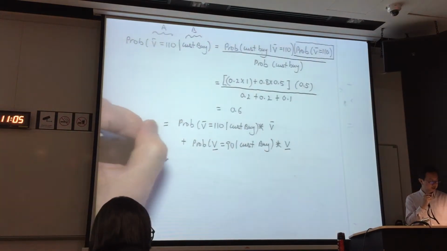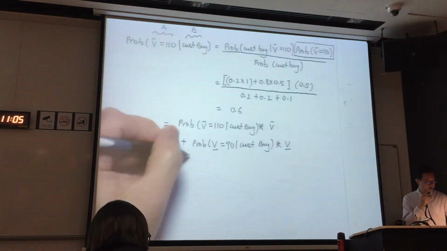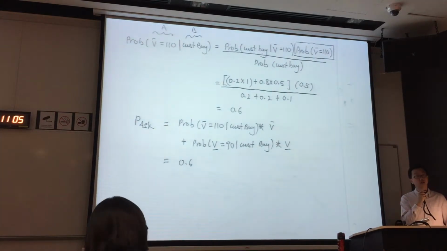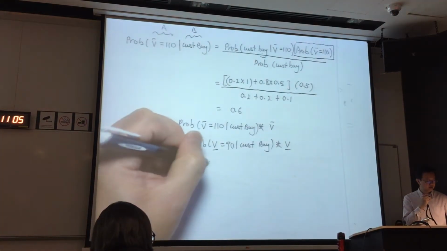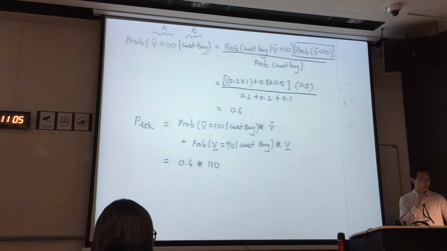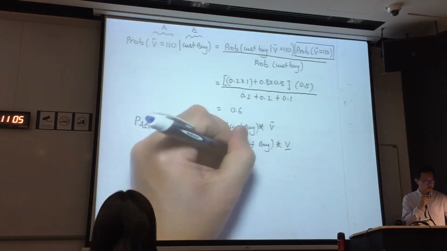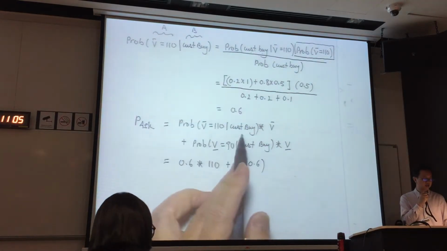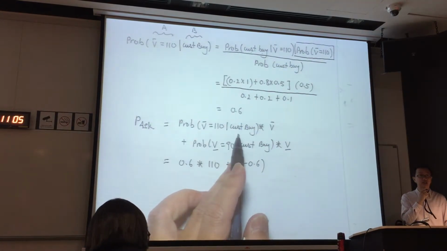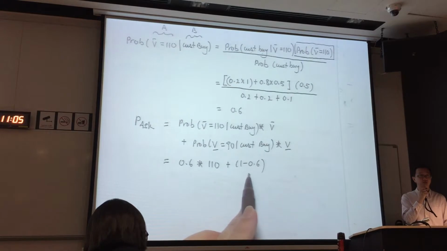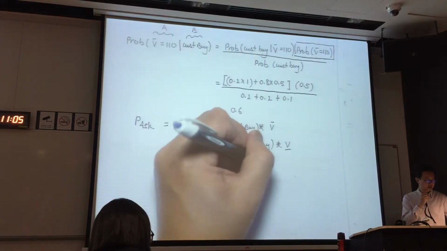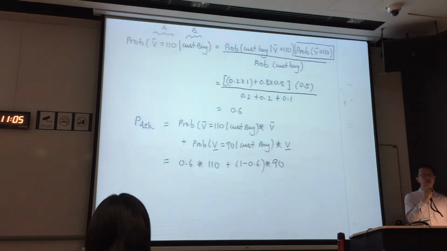So the probability that we work out is 0.6, the value is 110. And this probability is easy, this is just 1 minus the probability that value is 110, conditional on customer is buying. So it gives you probability of 0.4. Then you multiply by the value 90.